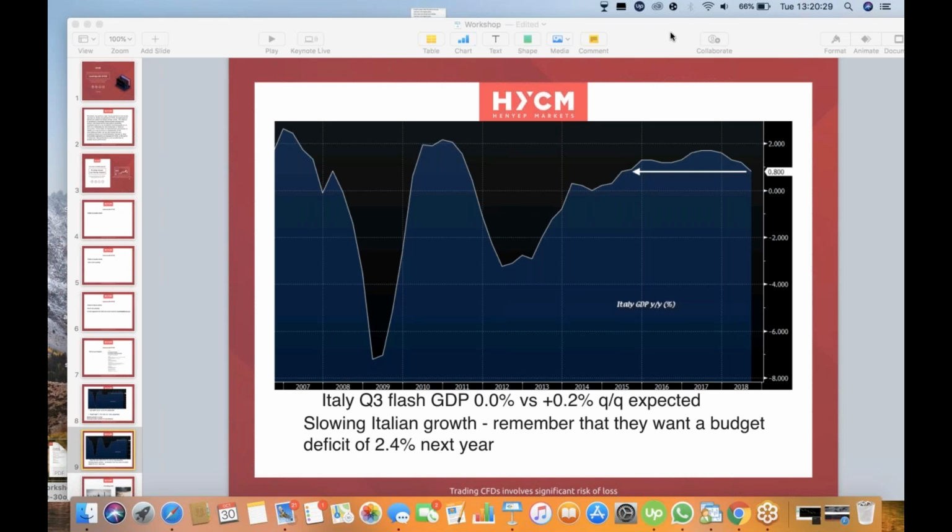So here we are at a borderline of a risk on, risk off environment, and then we can see that there is definitely pressure on the euro. Okay, so we've got some pressure on the euro as a result of Italy's GDP and the whole Eurozone's GDP.